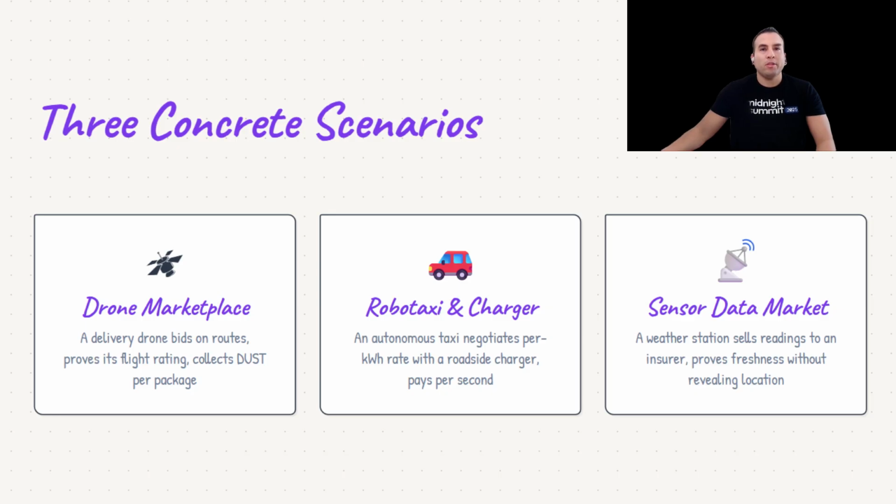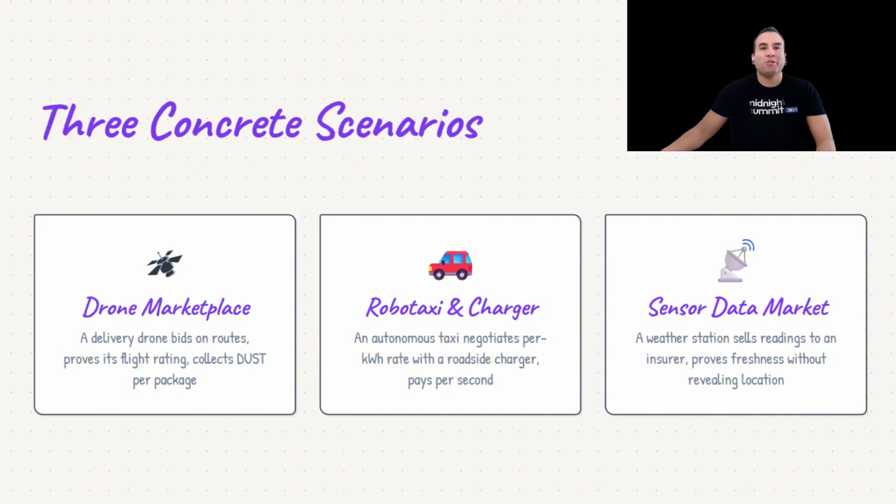Let's explain 3 possible scenarios. 1. A drone marketplace. A delivery drone arrives at a warehouse, looks at available routes against other drones, proves its flight rating and safety certifications, wins a contract, and collects tokens on each successful package delivery.